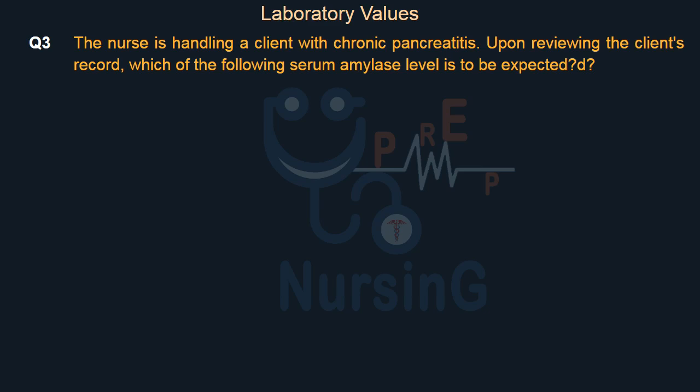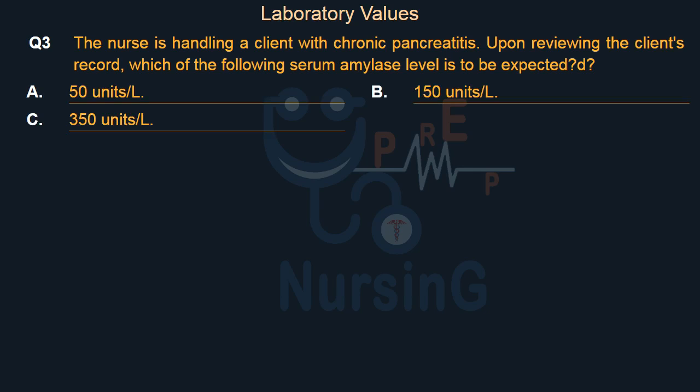The nurse is handling a client with chronic pancreatitis. Upon reviewing the client's record, which of the following serum amylase levels is to be expected? Option A, 50 units/L. Option B, 150 units/L. Option C, 350 units/L. Option D, 650 units/L.